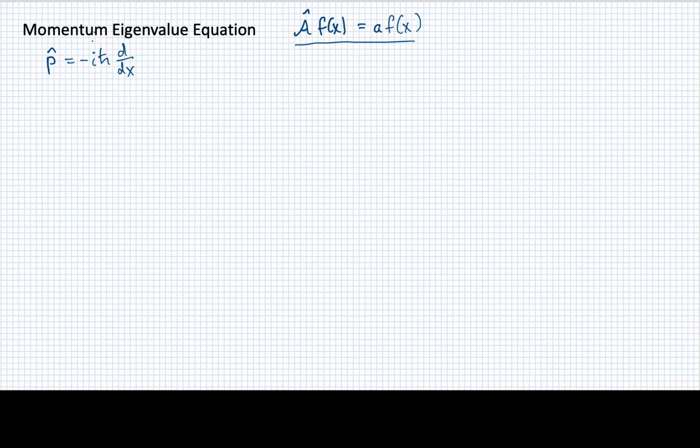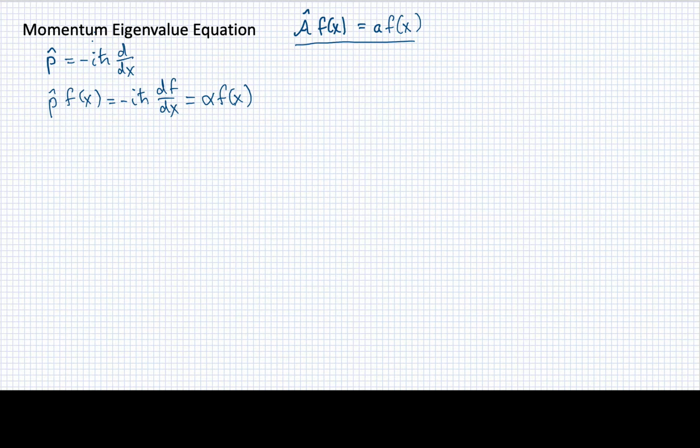Okay, so let's suppose that we have some function f that is an eigenfunction of p. If I operate p on f, that's the same as taking minus i h bar times the derivative of f. And now the eigenvalue equation says that that should equal some constant, which I'll call alpha, times our function back again.